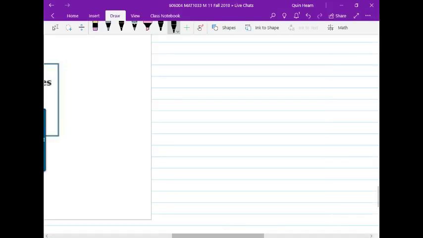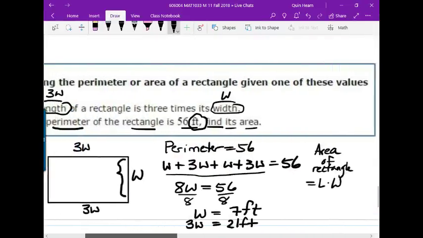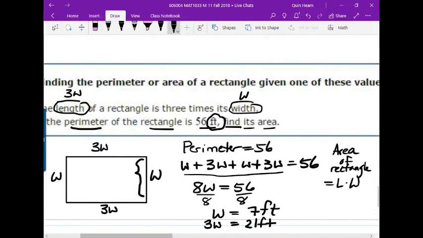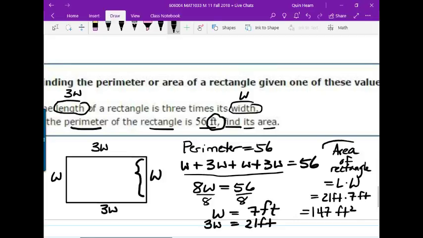So to find the area, we're going to need to multiply 21 feet times 7 feet. 21 times 7 is 147. Feet times feet is feet squared. Area is always measured in square units. So our solution would be 147 square feet.